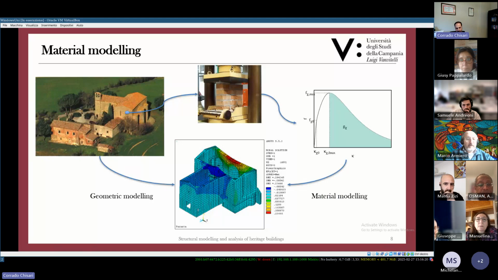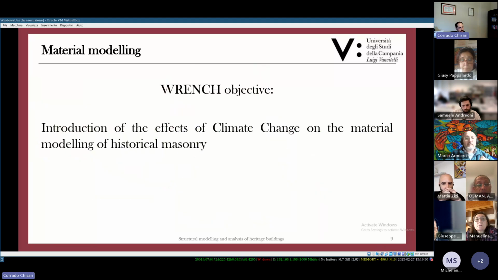There is another step, another part of modeling that we need to mention. But before getting to this, just a connection with WRENCH. In WRENCH, we have set an objective, which is the introduction of the effects of climate change on the material modeling of historical masonry. So this is the material modeling, mechanical modeling, the relationship between stress and strain, which will be an output of this project in the sense that we will try to insert the effect of climate change.